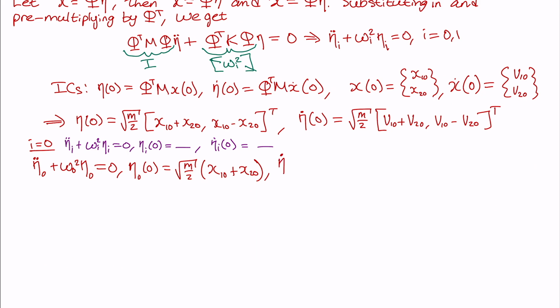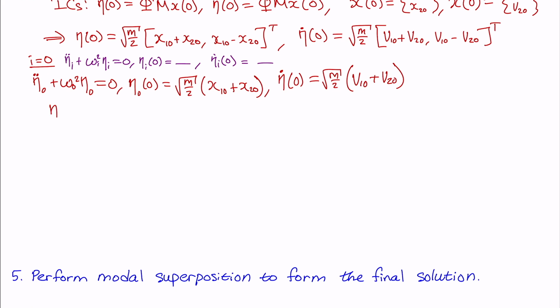And eta dot 0 of 0 is going to come from the first entry right above, square root of m over 2 times v10 plus v20. And now we need to substitute in for omega 0, and we need to solve this differential equation. We're going to get here eta 0 double dot plus 0 squared eta 0 equal to 0.